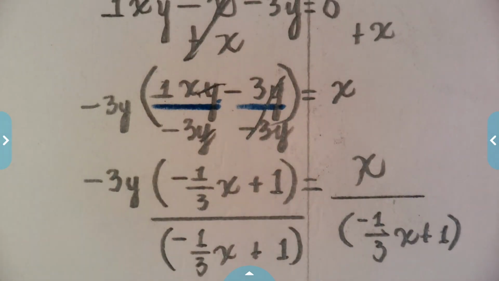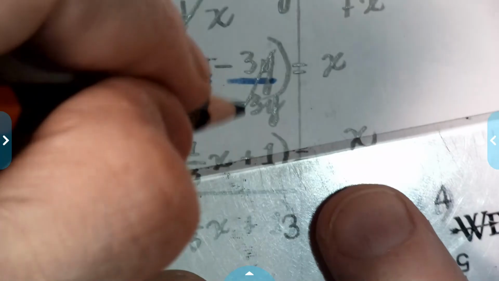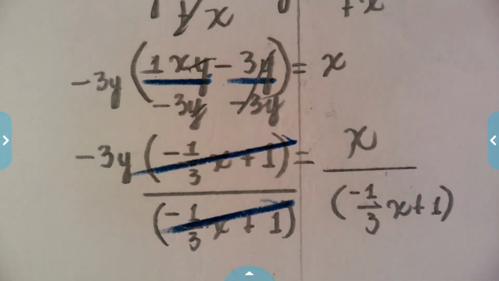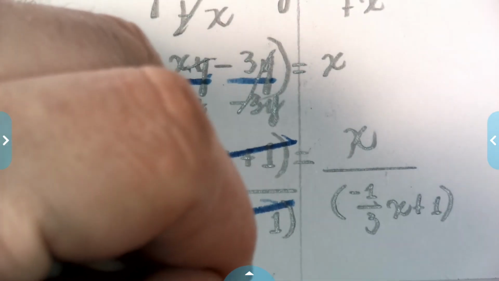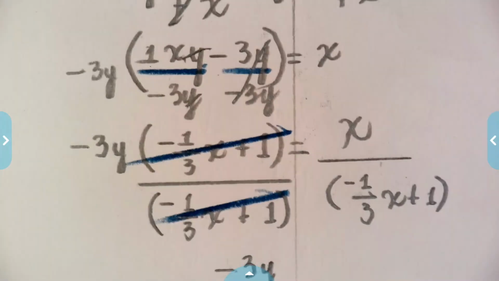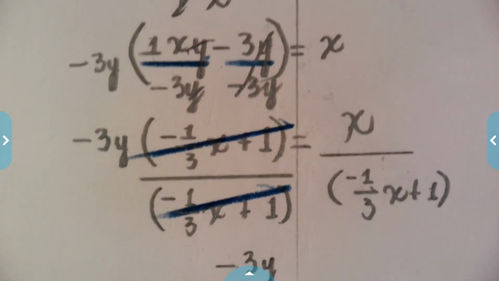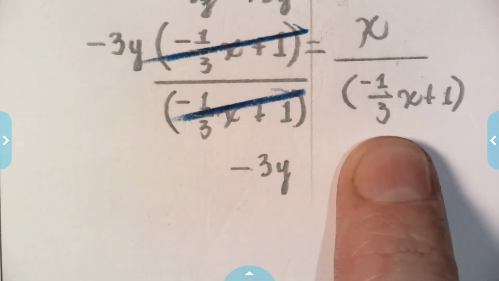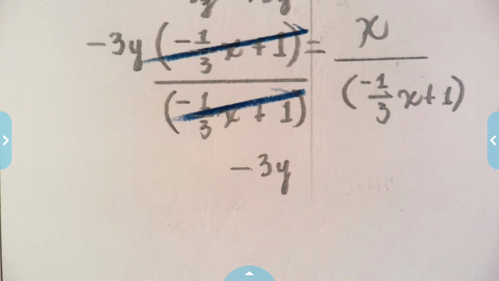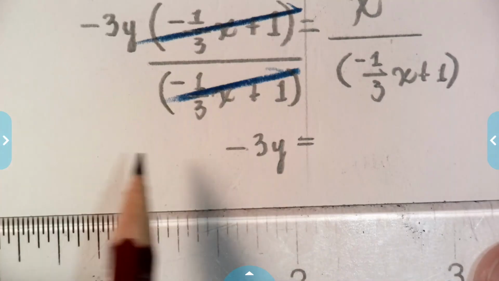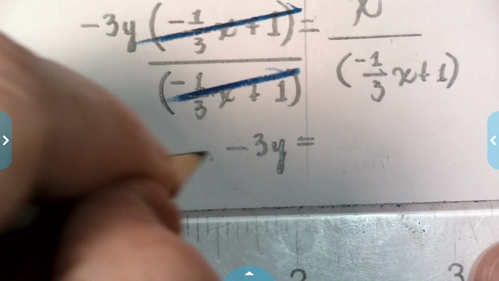Okay, so lo and behold, we have done it. We just have negative 3y on the left. And you see, once again, when I do what I did before, I'll get rid of that fraction in the denominator over here. Because I'm going to multiply by 1 over negative 3.